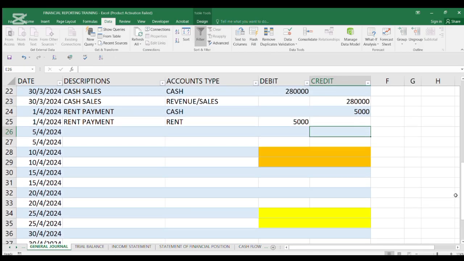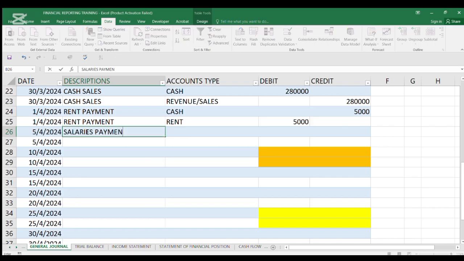Now the next transaction says that he paid 10,000 US dollars employee salary. So salaries payment. Each time salary is paid in cash, you credit the cash account, whether cash or by bank or by check.